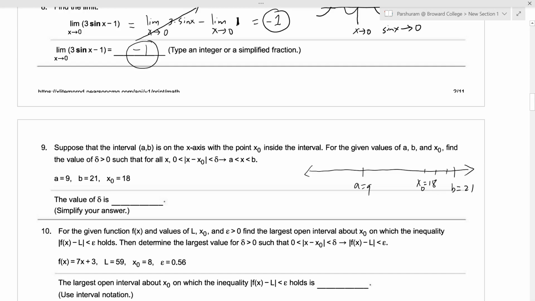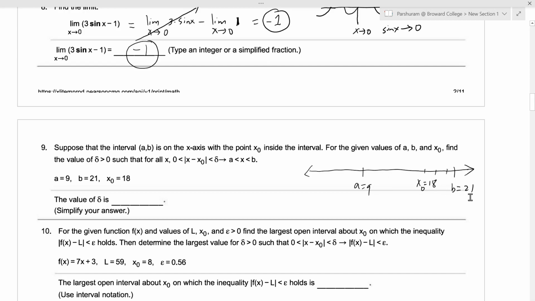I cannot choose an x which is beyond 21. So I would choose the value of delta such that whatever value I pick to the left and to the right of x0 within that delta amount, all the values should be in between 9 and 21.